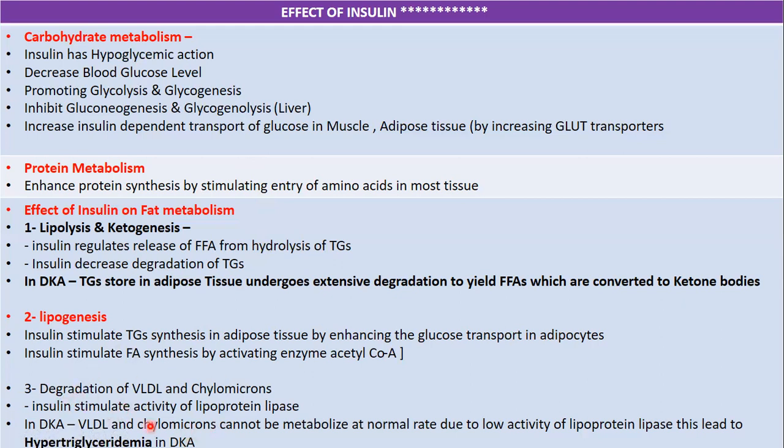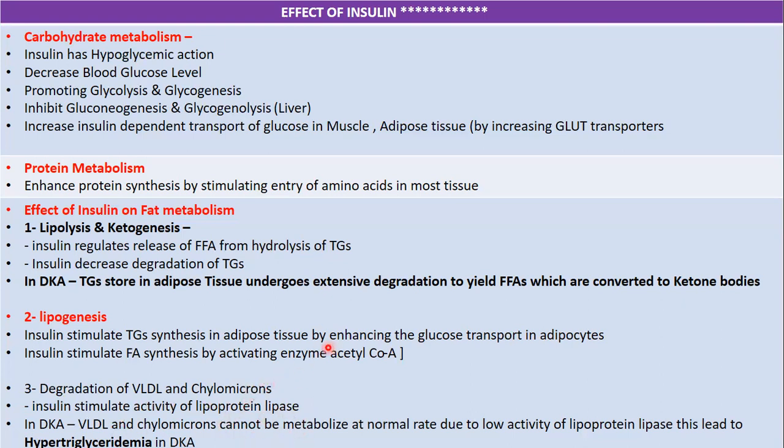degradation, like how it helps in our condition leading to diabetic ketoacidosis. So coming to it, when we talk about degradation of VLDL cholesterols and the chylomicrons, the insulin stimulates activity of lipoprotein lipase, which is an enzyme. We see this in our protein metabolism broadly.